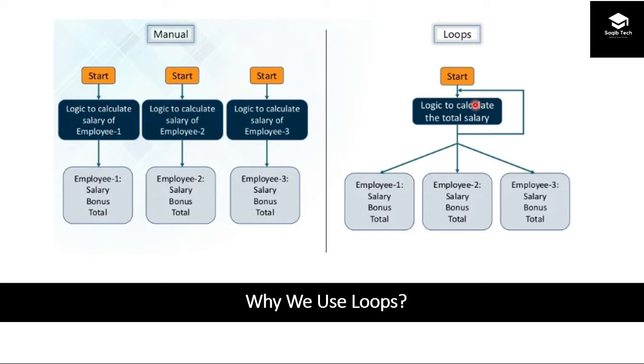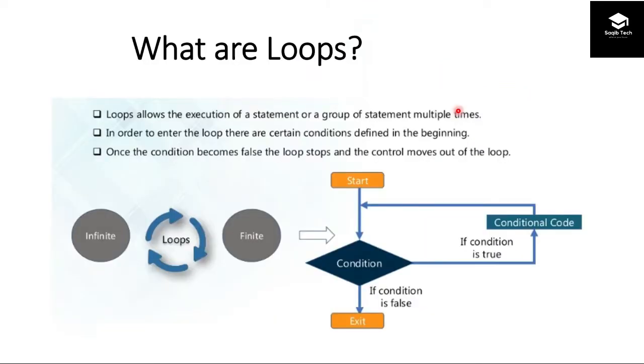If there are three employees, we will set our loop to 3 and we will repeat this logic 3 times. We don't need to write this code 3 times; instead we will write it 1 time and we will iterate over it using a loop. I will study how many loops there are in Python, and it will save us time and a lot of energy.